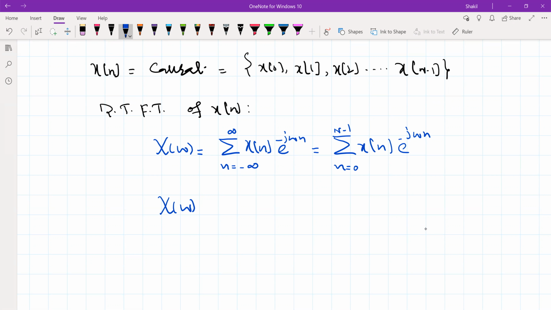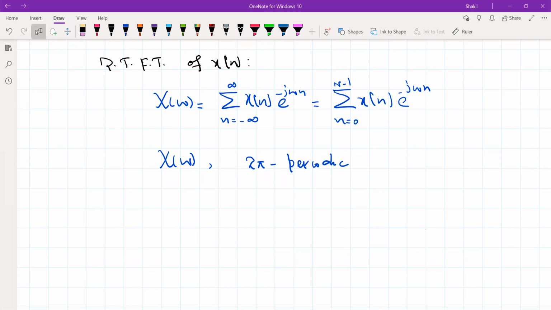Now we know that X of omega has a period of 2 pi, so it is 2 pi periodic. And the second thing we know about this is that X of omega is a continuous function of omega.